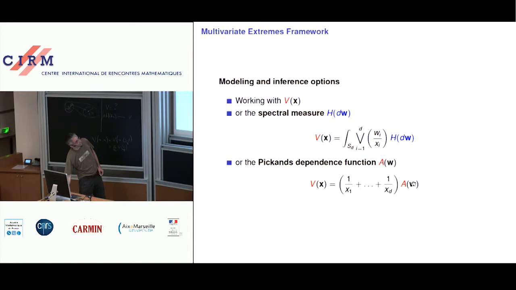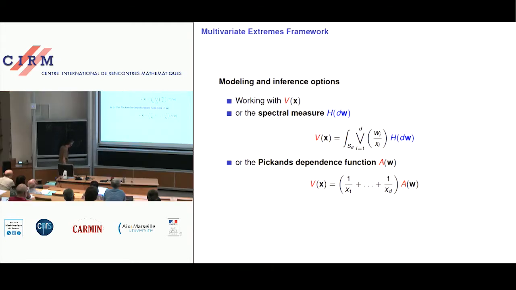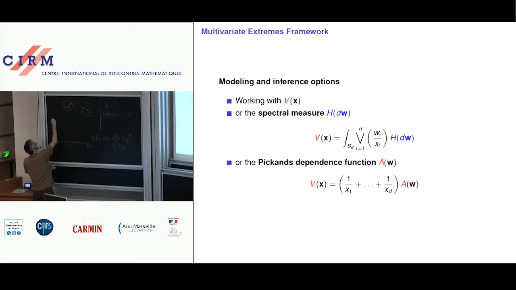And now, here, I don't have an X anymore, but I have a W. W just means that, suppose I take my time series in Paris, and one in Marseille.